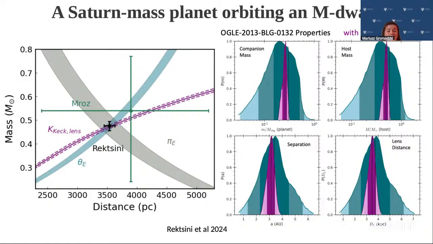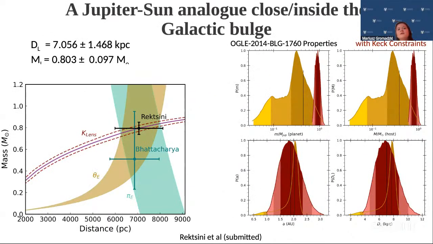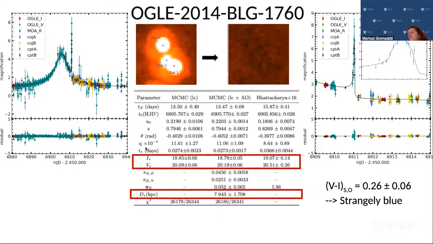Unfortunately, it's not always the case. For example, I have worked on another event where, as you can see, the flux of the lens is really constraining the mass, but we really fail with the distance to the lens. Why is this? This is not caused by the Keck images.